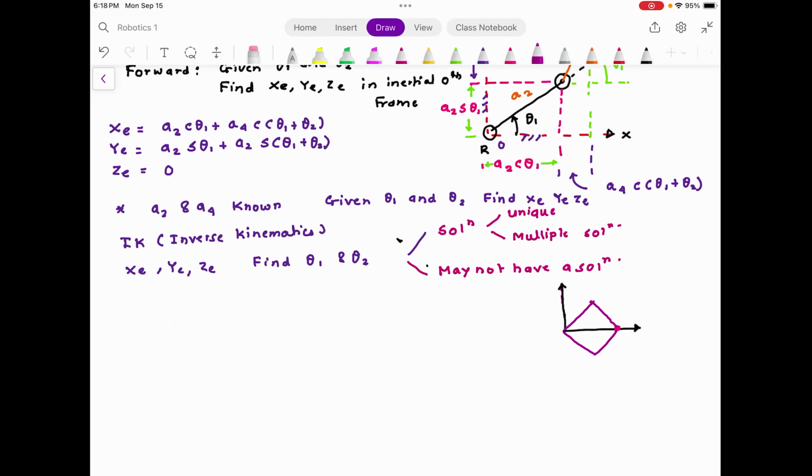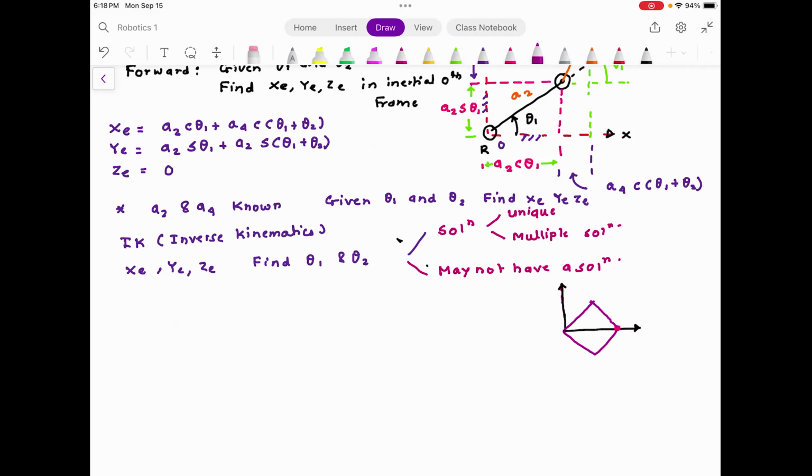When I studied robotics, solving an inverse kinematics problem was a huge pain, because you have to understand that the equations you are dealing with are transcendental equations. Even though you have two equations and two variables, those are not x and y, those are sines and cosines, which means they have multiple solutions. So you have to do this mathematical jugglery to find the correct solution. But now we use MATLAB.